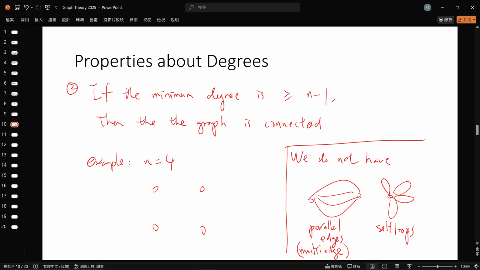Okay, so based on these 2 assumptions, if every vertex has at least 3 neighbors, then the graph, or at least this top left vertex, must have these 3 vertices as its neighbors. Similarly, for this one, it has the remaining 3 vertices as its neighbors.